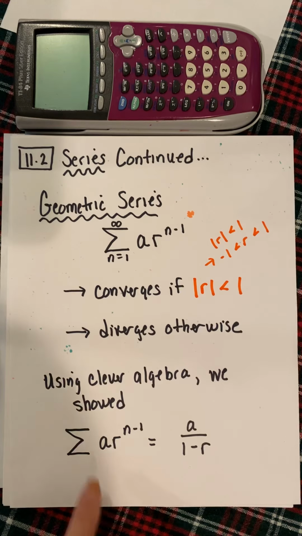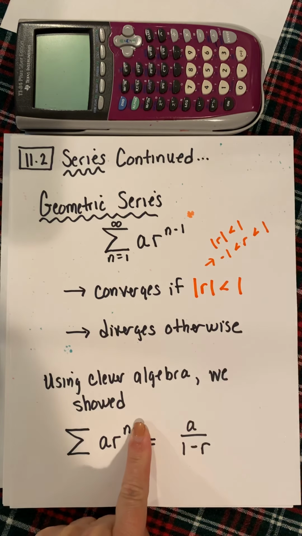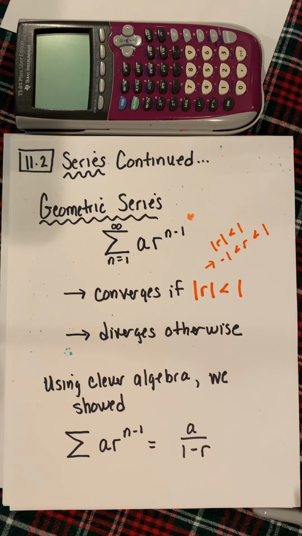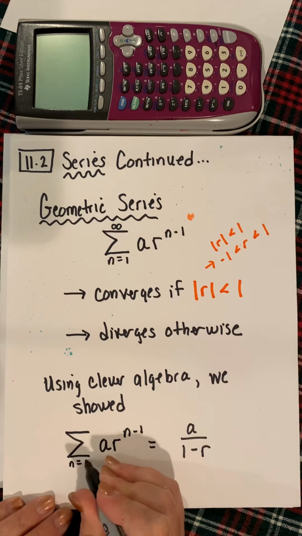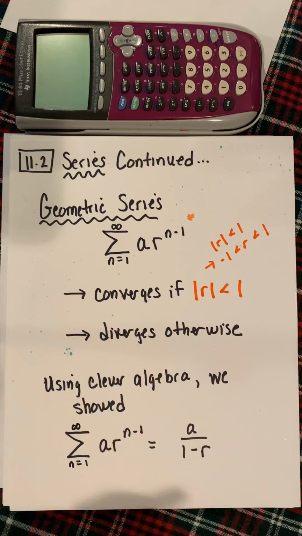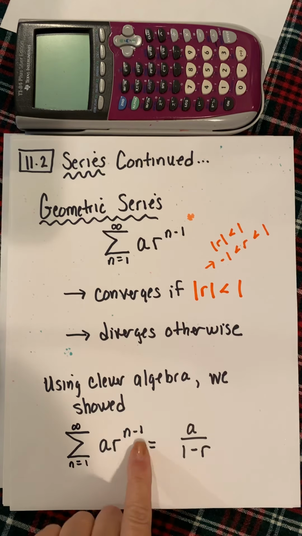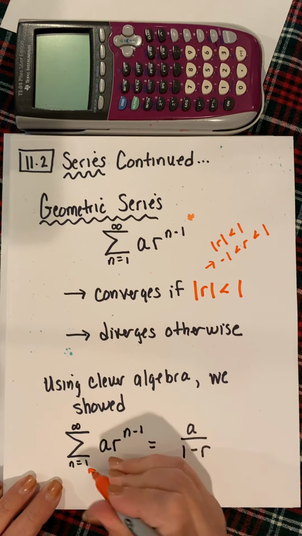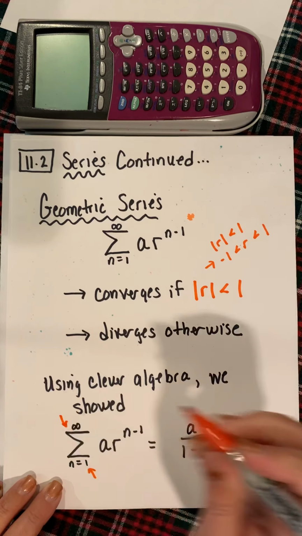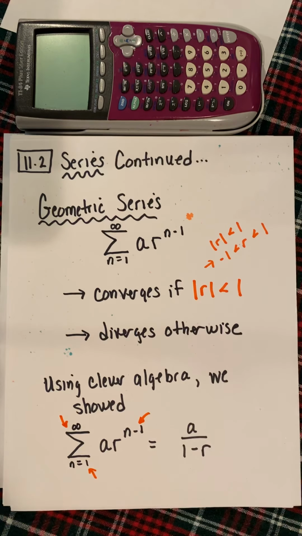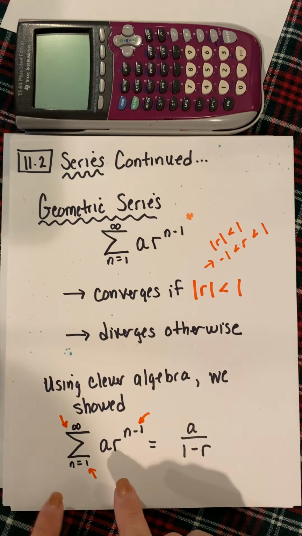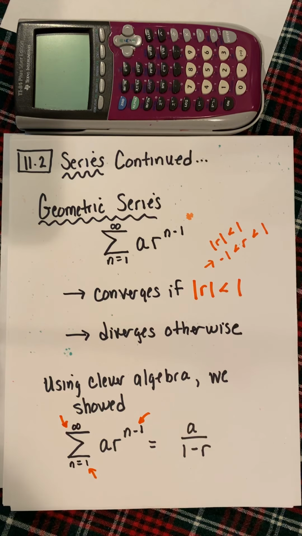Using clever algebra, this sum only equals the constant divided by 1 minus the common ratio if the power is n minus 1 and it starts at n equals 1 to infinity. These all have to match up. Otherwise, we have to rearrange it into this form so then we can actually find the sum. All right, so that being said, let's do a couple of examples.